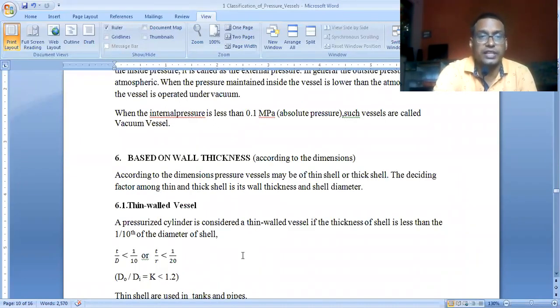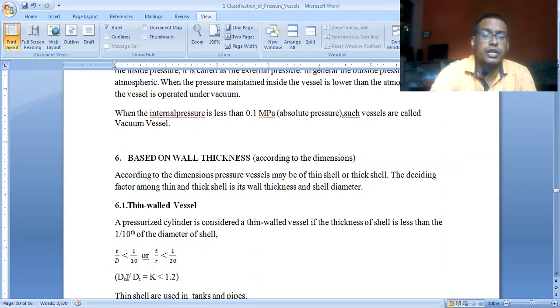Then based on the wall thickness, the thin wall vessels and the thick wall vessels. The thin wall vessels, that is, the T upon D, thickness to diameter ratio, should be less than 1 upon 10, or thickness to radius ratio less than 1 by 20.